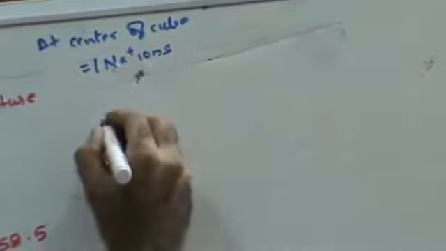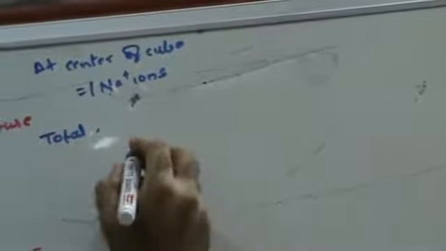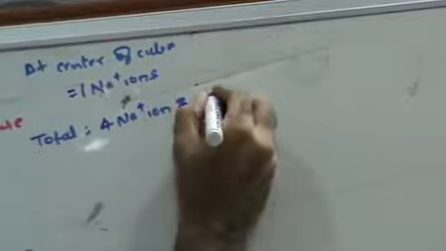This is by geometry. Hence, total count of the number of chloride ions: 3 plus 1, 4 chloride ions. 3 and 1, 4 sodium ions. So there will be 4 sodium ions and 4 chloride ions.